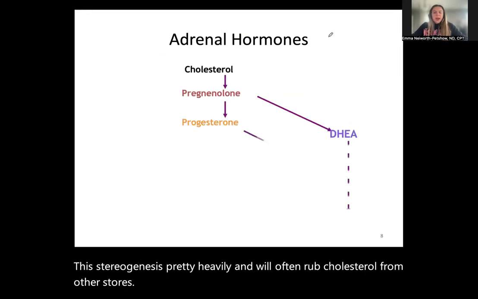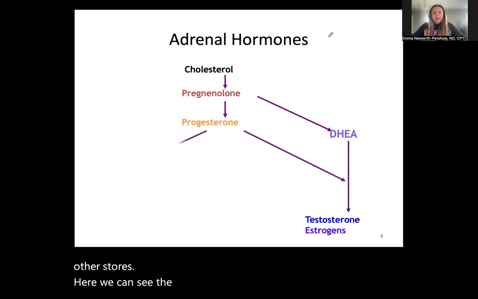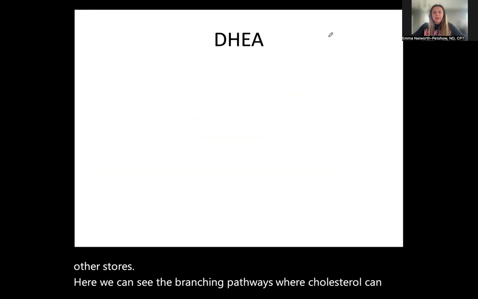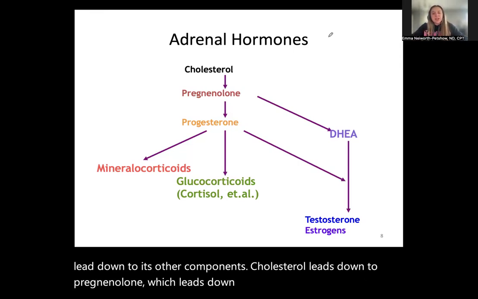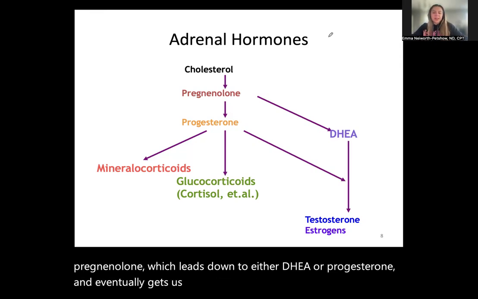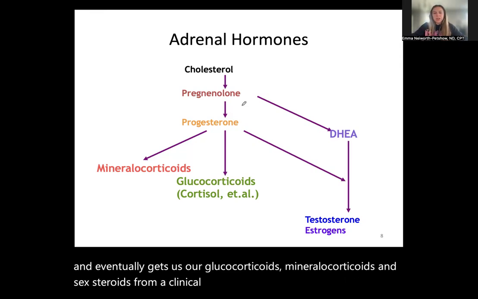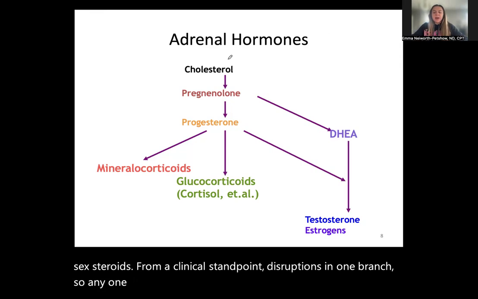Here we can see the branching pathways where cholesterol can lead down to its other components. Cholesterol leads down to pregnenolone, which leads down to either DHEA or progesterone, and eventually gets us our glucocorticoids, mineralocorticoids, and sex steroids. From a clinical standpoint, disruptions in any one of these branching points can push precursors into another, which can lead to hormone imbalances.